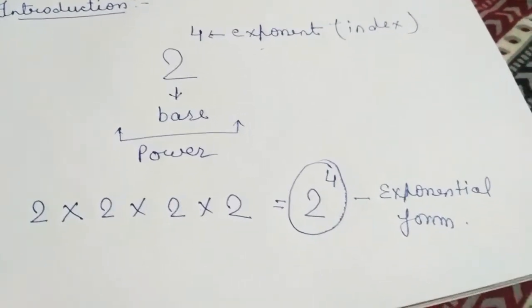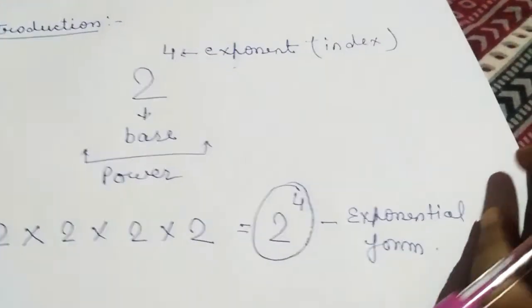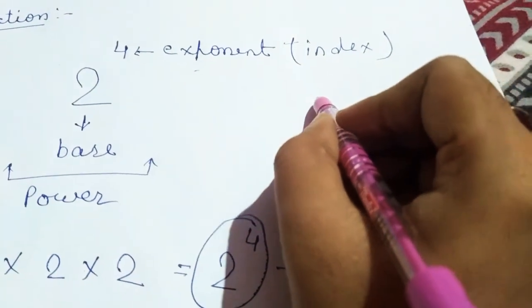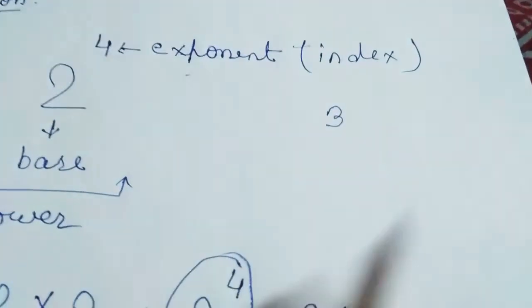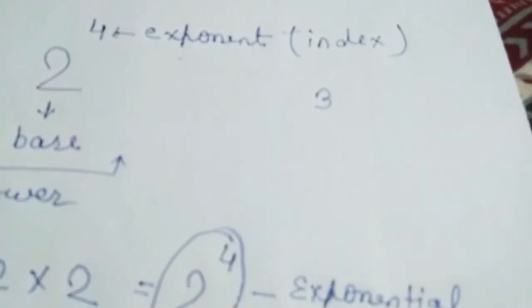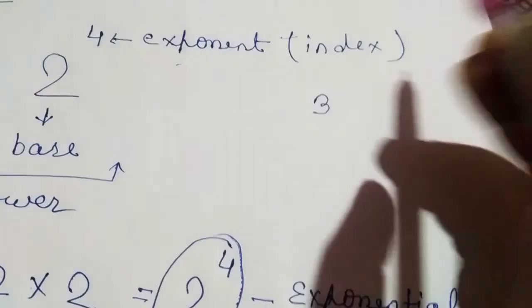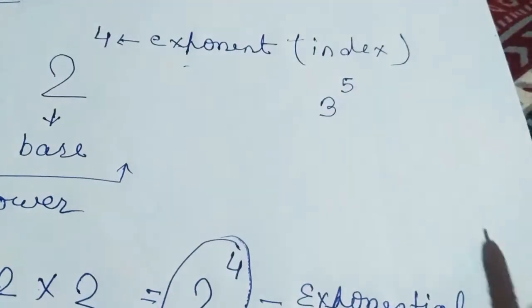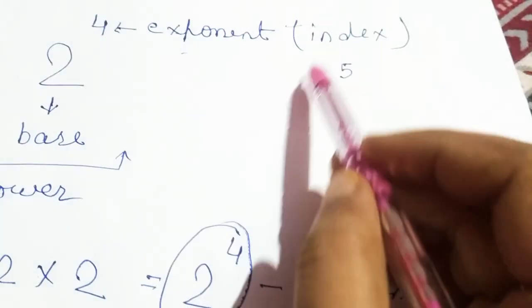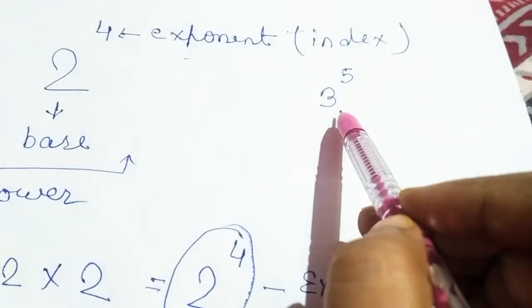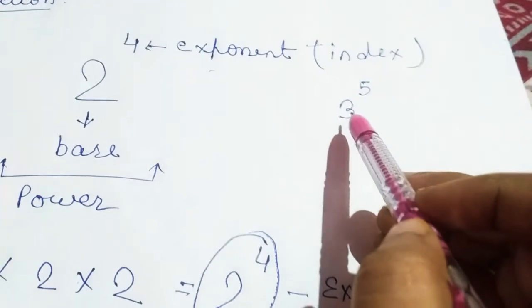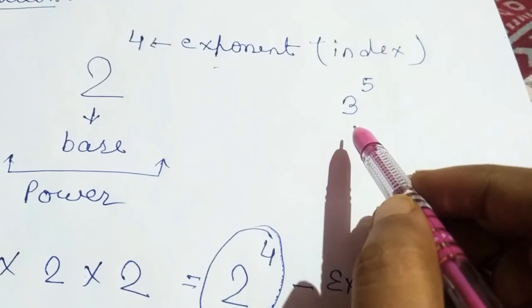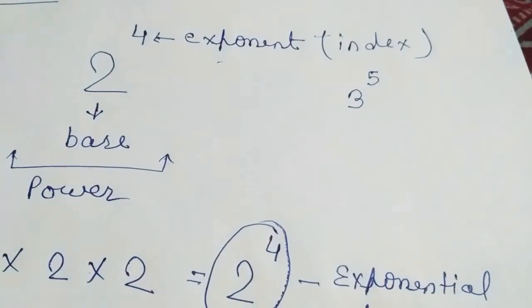Suppose you have here 3 to the power 5. What is the meaning? First thing, this is exponential form, and how to convert it into expanded form?